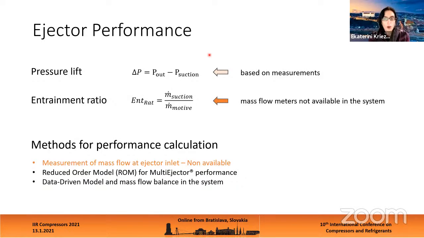One is based on the performance of the component, and in this particular case it is the ROM model for the multi-ejector manufactured by Danfoss. The other method is to utilize the mass flow balance in the system and the flow paths in the system, and utilize the data-driven model for the calculation of the mass flow of the compressors.